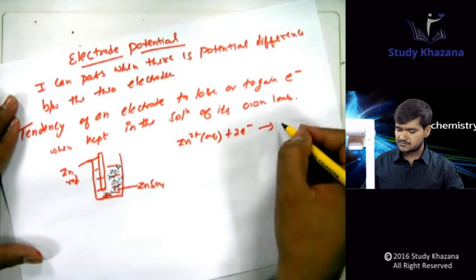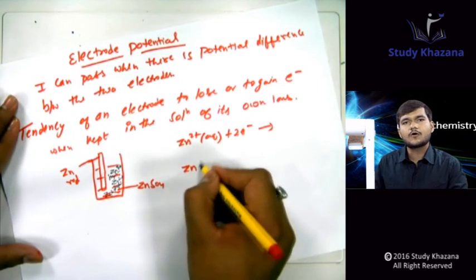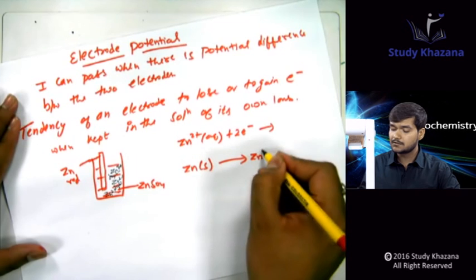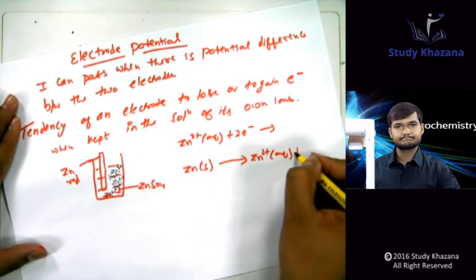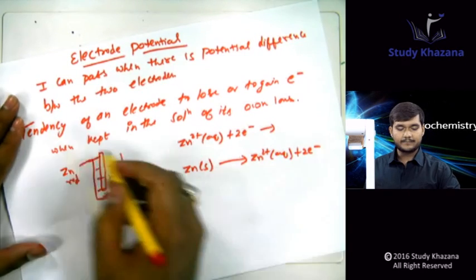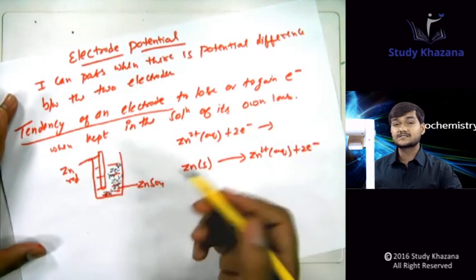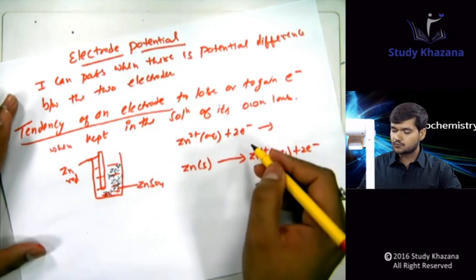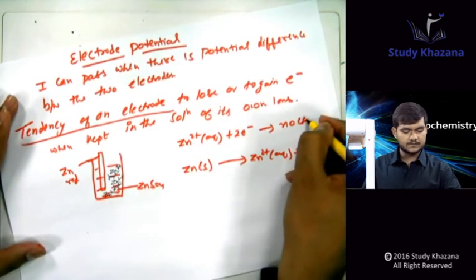Another is that zinc solid on the rod will lose 2 electrons to come into the solution as ions. Both the possibilities can happen. This is the tendency of an electrode. But what is generally seen in the zinc case is there is no change.